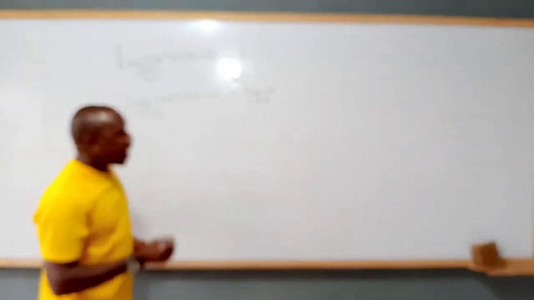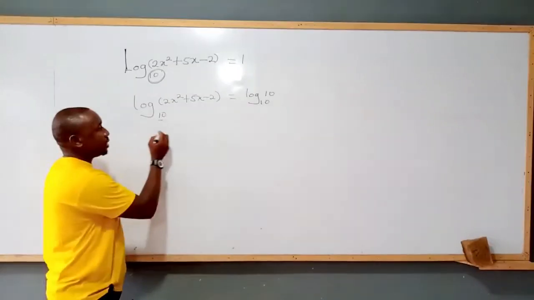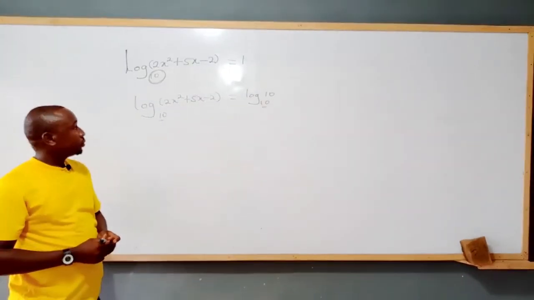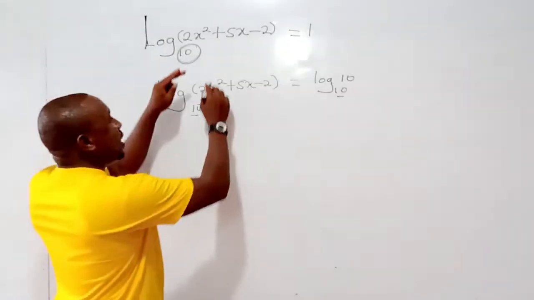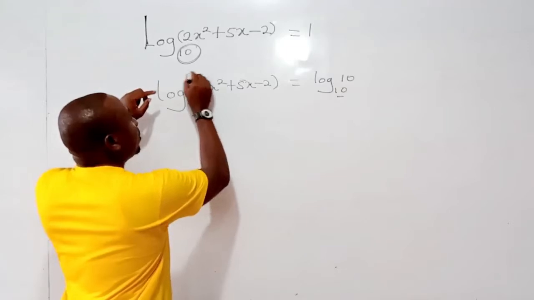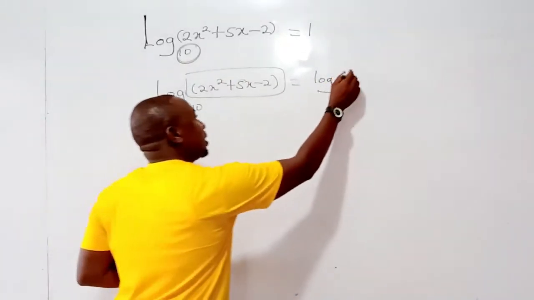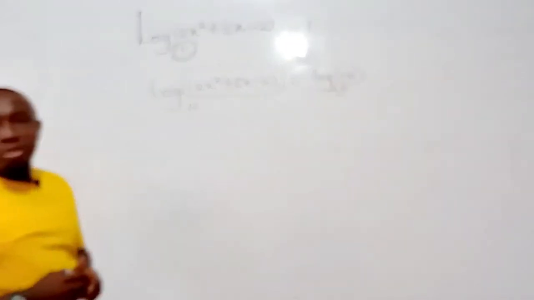We can see we have base 10 here, and another base 10 here. And we are taking the whole of this as one expression, and the whole of this as another expression.